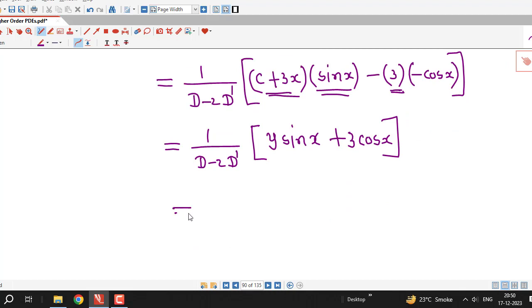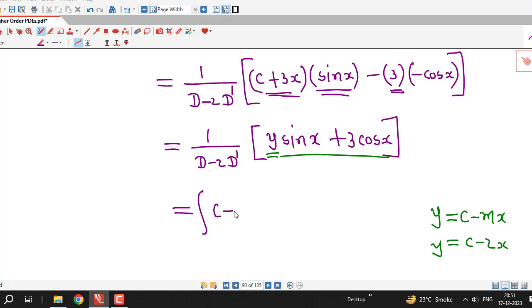Now again I will apply the same formula. Now m is different, m is 2. So now I have to put y equal to c minus mx, and m is 2. So now I will replace y by c minus 2x in this function, and then I will integrate it with respect to x.